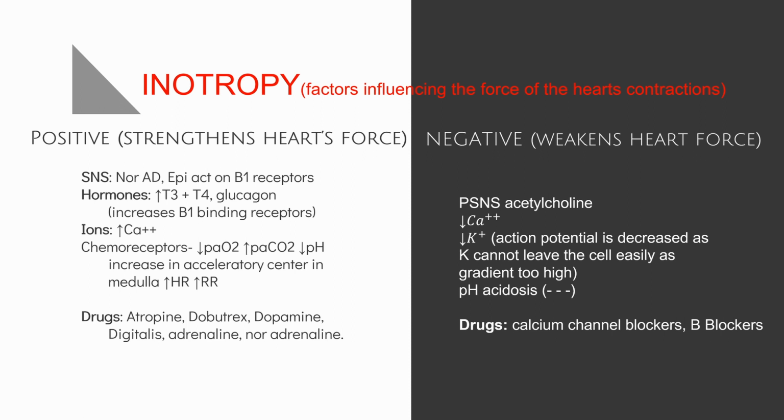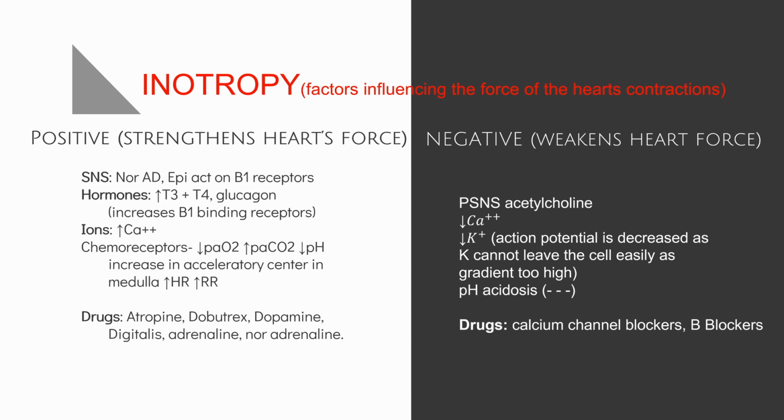Calcium, yet again, very important in our action potential. If it is increased, we will have more inotropy. Chemoreceptors will also form a part of this if they detect hypoxia, hypercapnia, and acidosis.